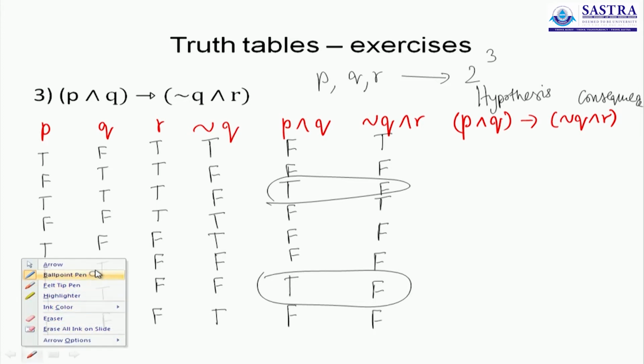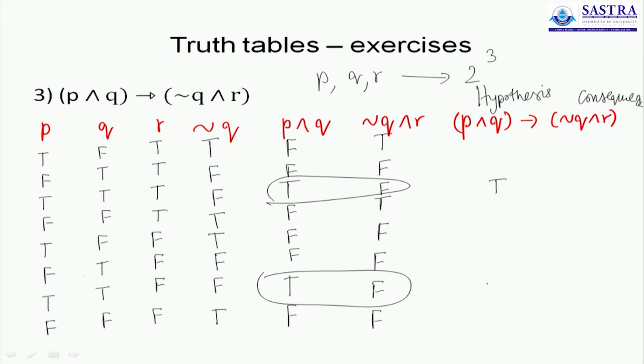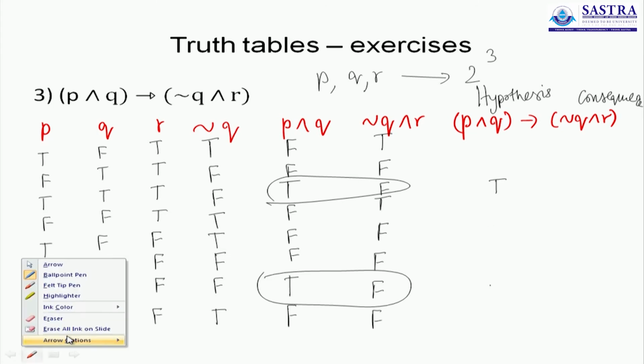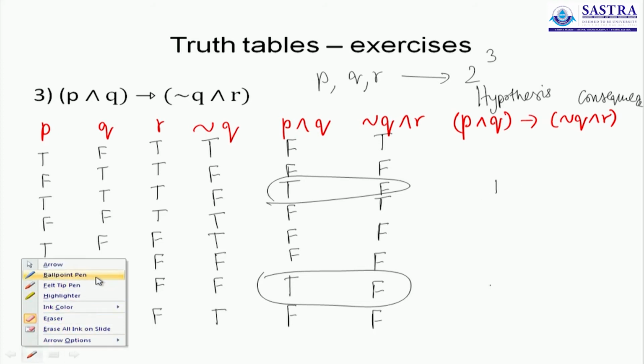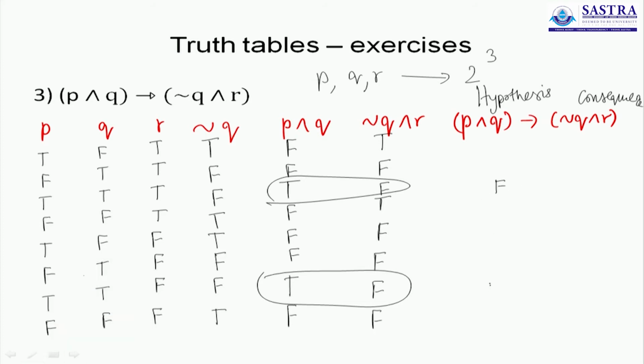Therefore, only these two rows return a false value. In all the remaining 6 instances, the answers must be true. And we have completed this truth table also.